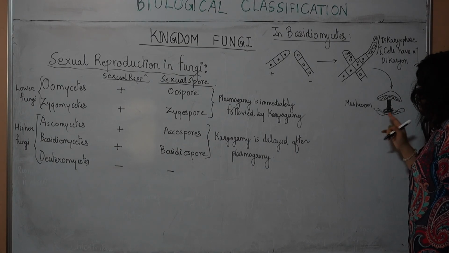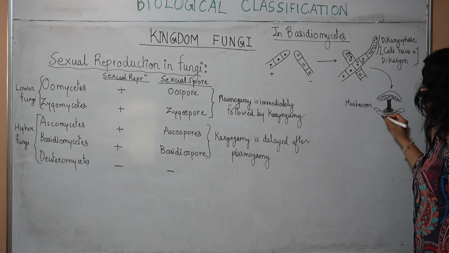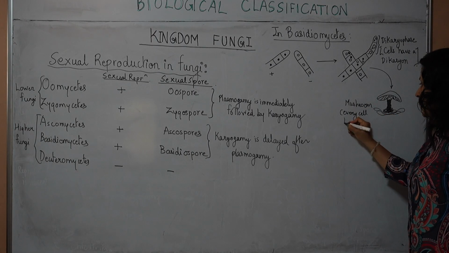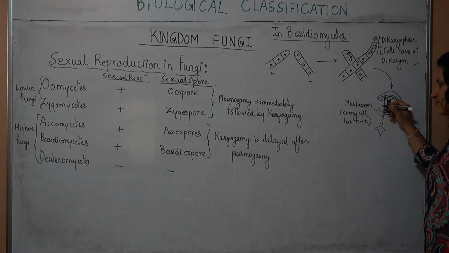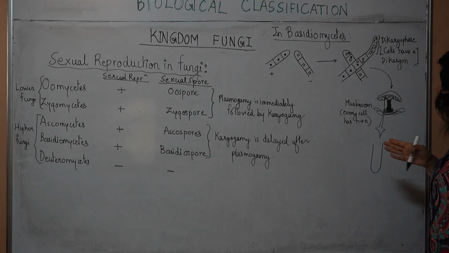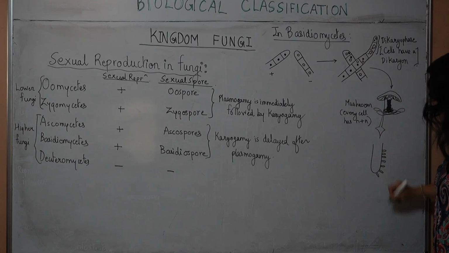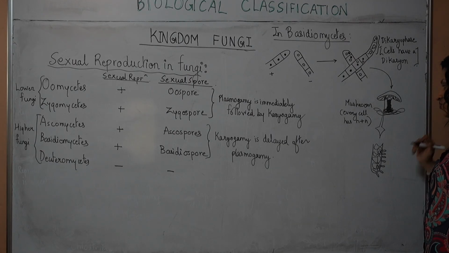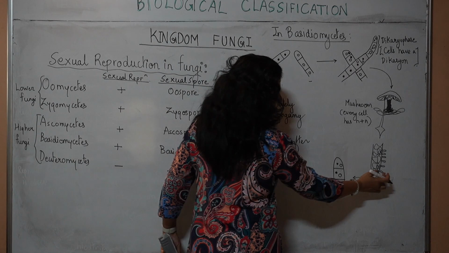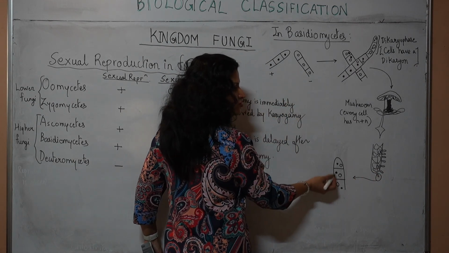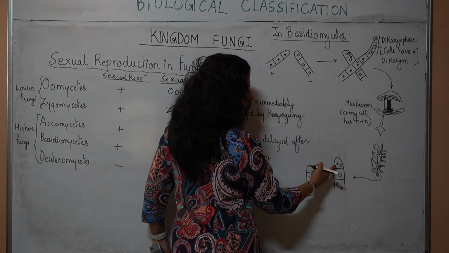If you check each of these cells inside this mushroom, you will find that every cell has n plus n within this. These are the gills. I've taken a gill here, this section. This is the gill. So you will find these hyphae over here. These are the hyphae, and these are the terminal portions of this hyphae. If you check one of these terminal ends of this hyphae, you can see dikaryons clearly. So you see in this terminal cell, there is also a dikaryon situation.